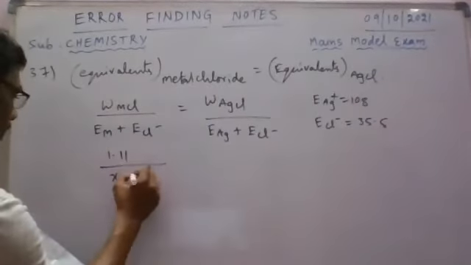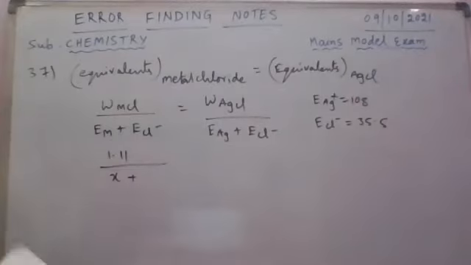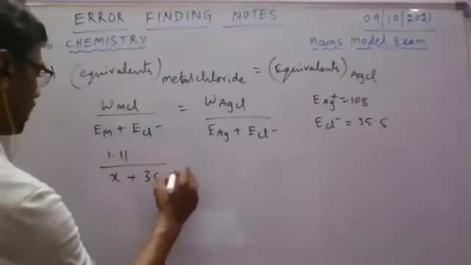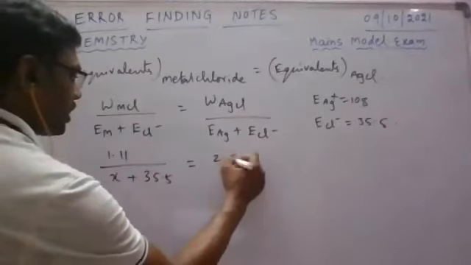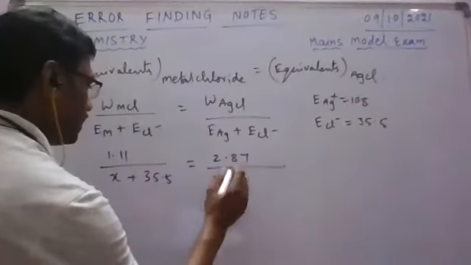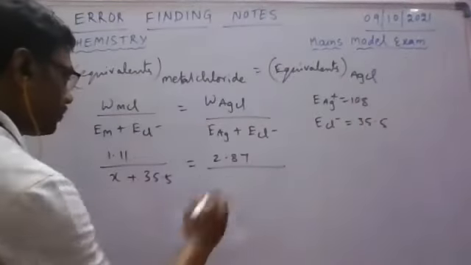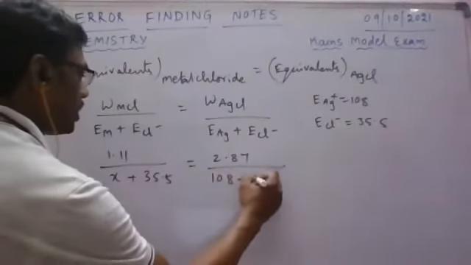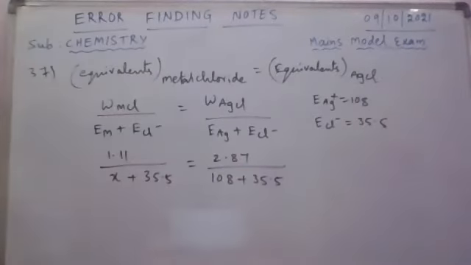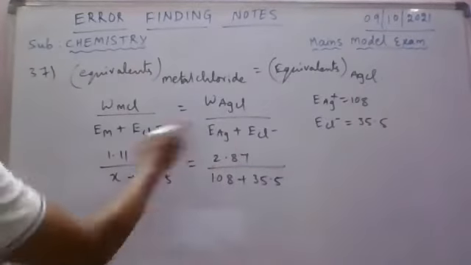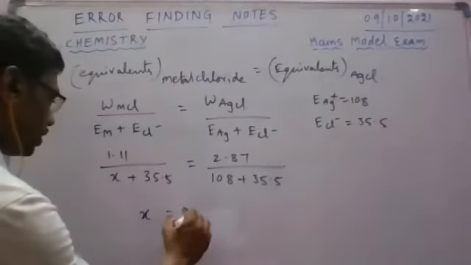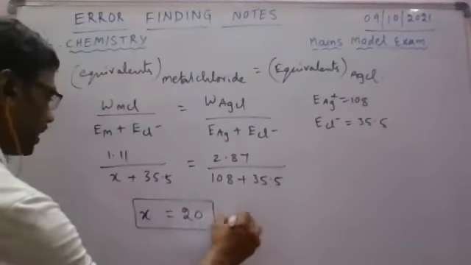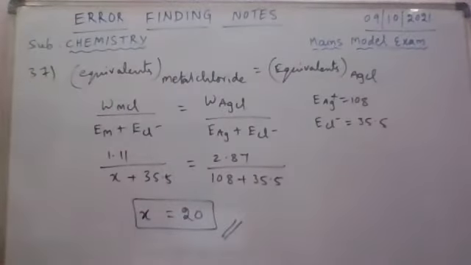The equivalent weight of metal is taken as X, the unknown value. Chlorine equivalent weight 35.5. AgCl 2.87 divided by the equivalent weight of silver 108 plus 35.5. If you simplify this, X is equal to 20. The equivalent weight of the metal is 20.